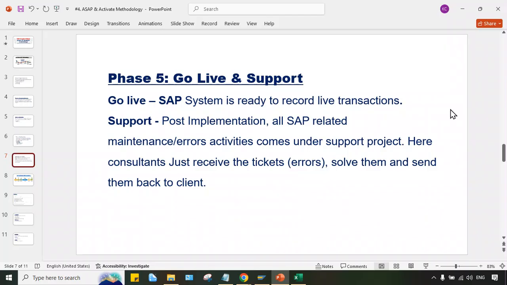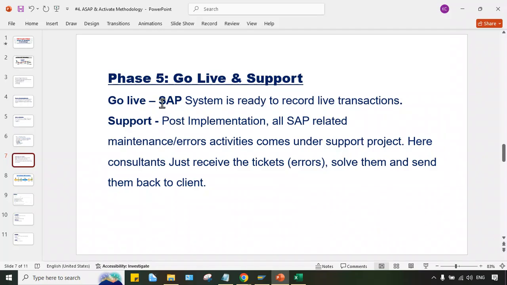All the configurations are completed. All the testing, unit test, integration test, user acceptance test, is completed. Everybody is satisfied. All the documents have been handed over to the client. Apart from this, the end user trainings are also completed. Now we are ready to go live.